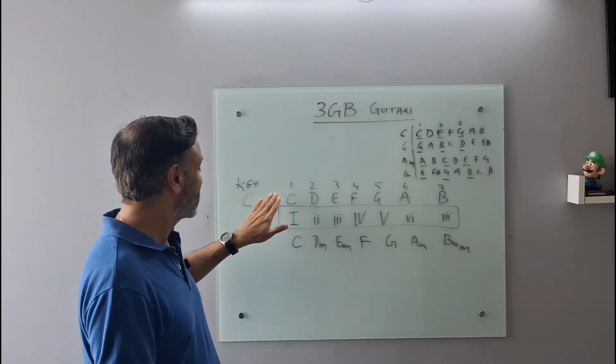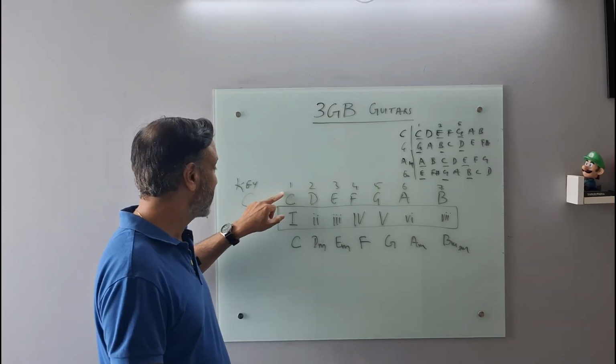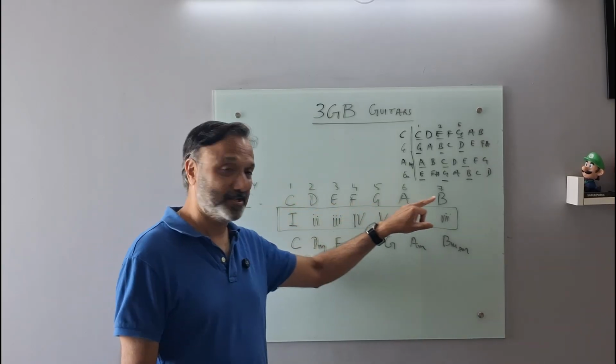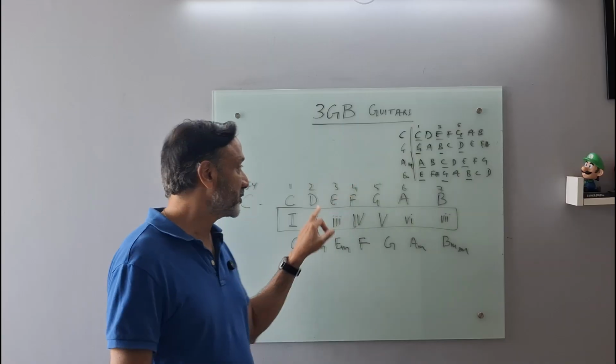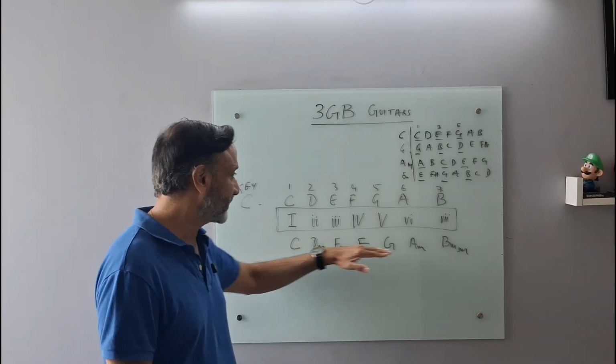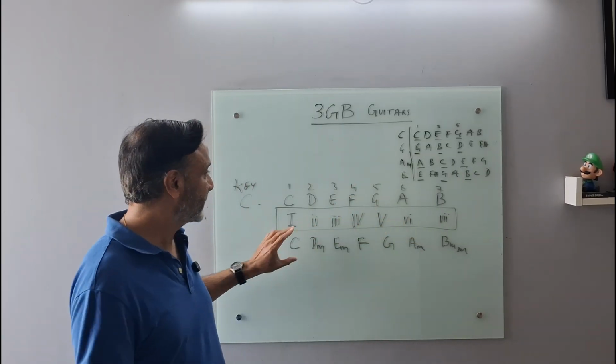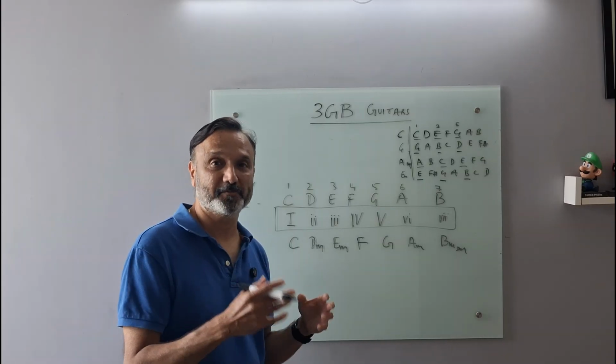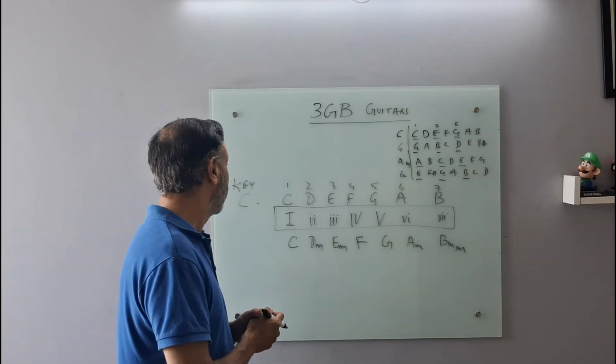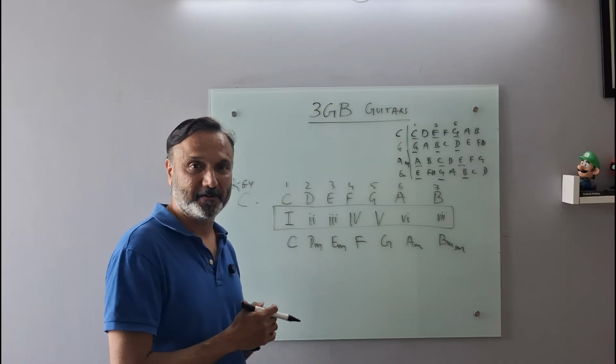Interesting, isn't it? So all the notes of the C major scale, C, D, E, F, G, A, B, all those notes will be part of these chords. So that's how these chords sound very nice when you play songs in the key of C.